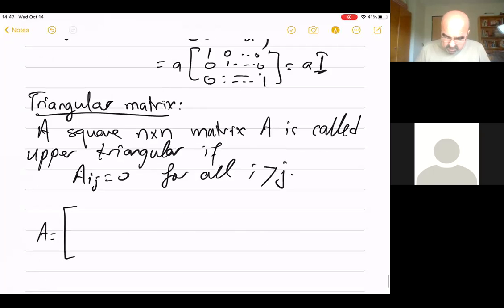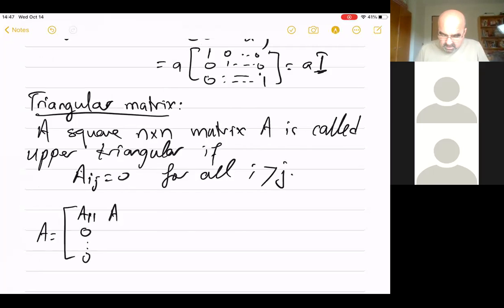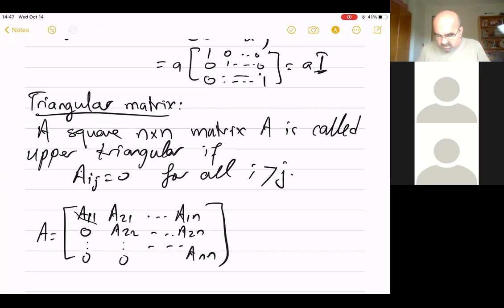So we have A11. But A21 is 0 because 2 is bigger than 1, etc. Here A22, and then the rest is 0 here. A1n, A2n, and ANN. So everything below the diagonal should be 0.